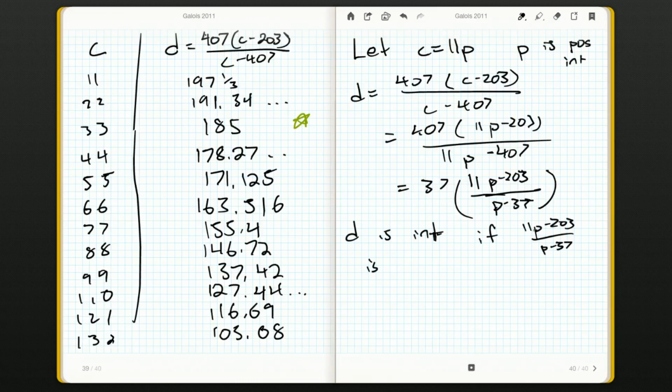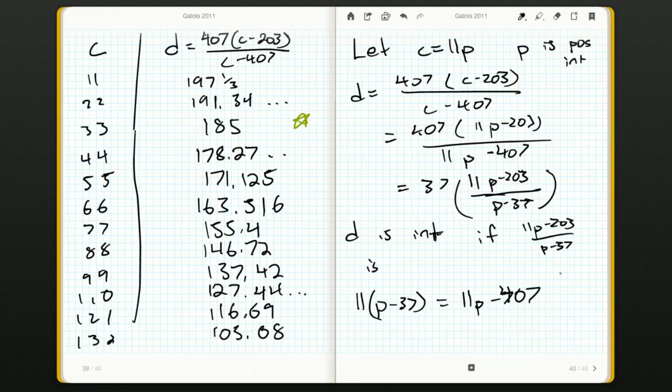So I see this 11p and I see this p. They're both linear terms. I suspect that this one's basically going to be 11 times p minus 37. So let's see how far off they are. 11p minus 407, not a big surprise there.